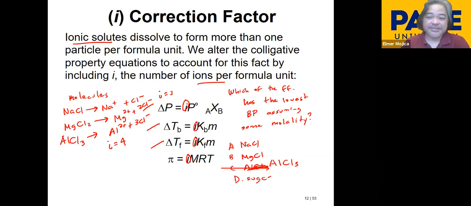What will be your answer? A, B, C, or D? If you have a question like that: Which of the following solutions has the lowest boiling point, assuming they have the same molality? Anyone?